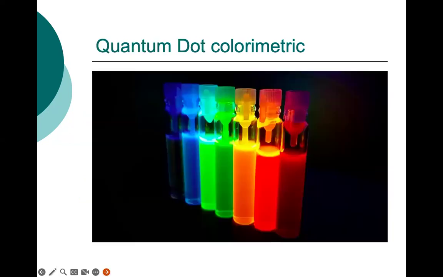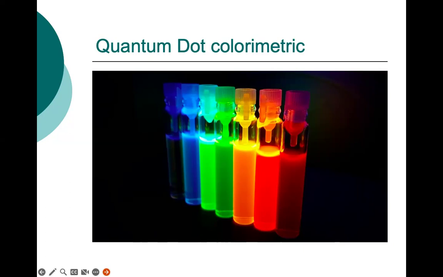And there is a material called quantum dot. Just now, if you are familiar with rapid test kits, most of them are using gold nanoparticles to produce the color. This is another material called quantum dot that can also produce colors, but it requires fluorescence resources.